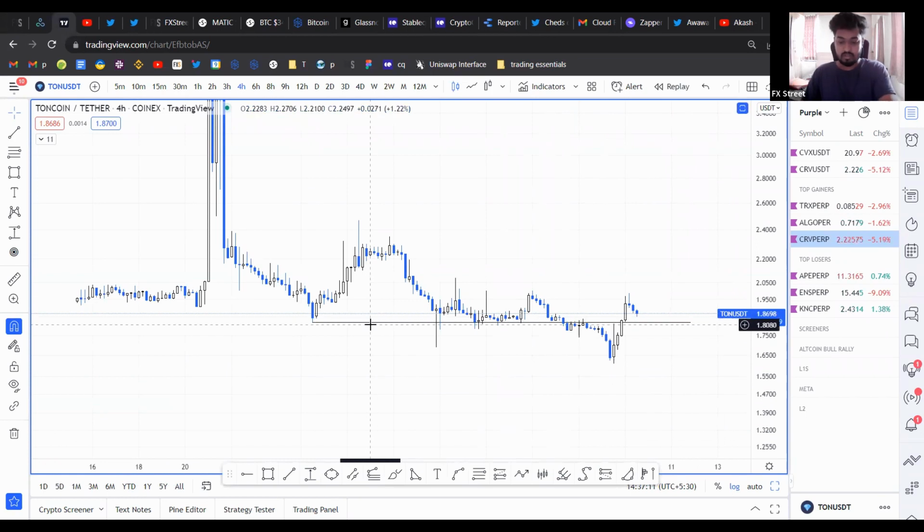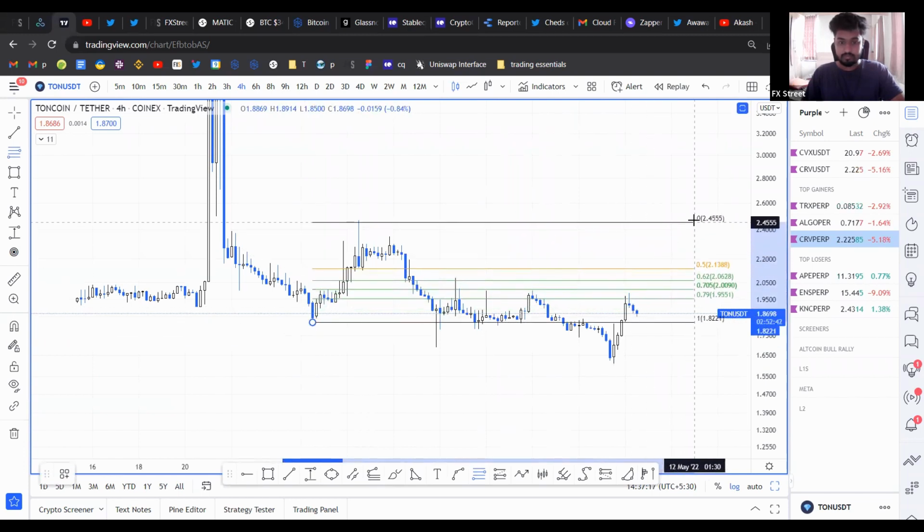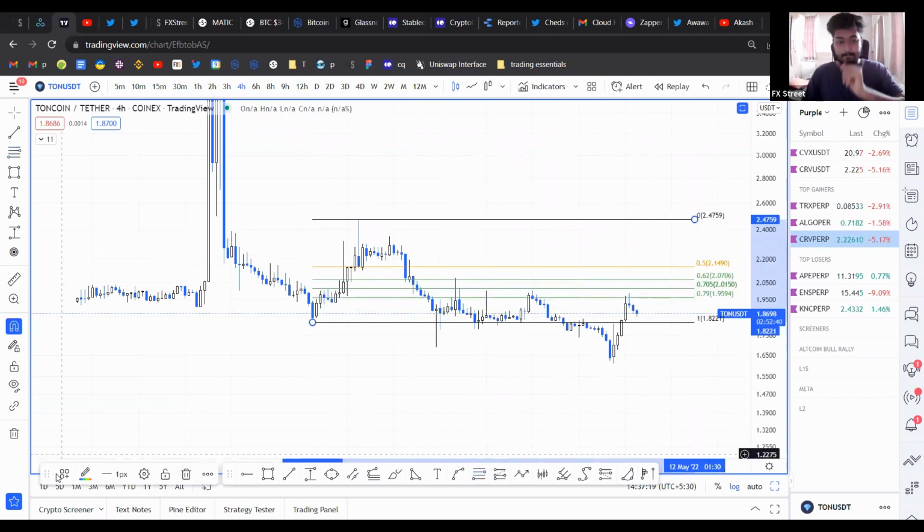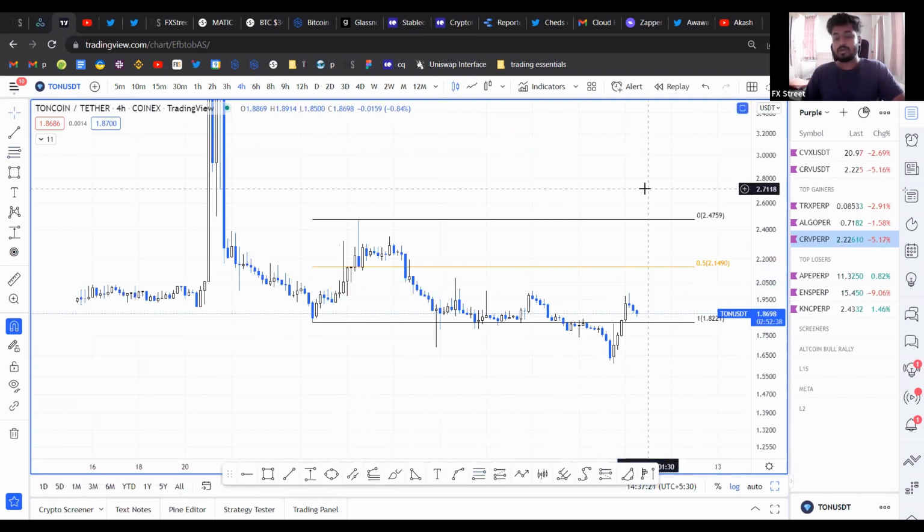So basically, this is another perfect example of how ranges play out. Dawn formed a range extending from 1.8 to 2.4, and then the price slipped below the range low, which usually happens to collect liquidity. And this move down here collected liquidity below these lows.